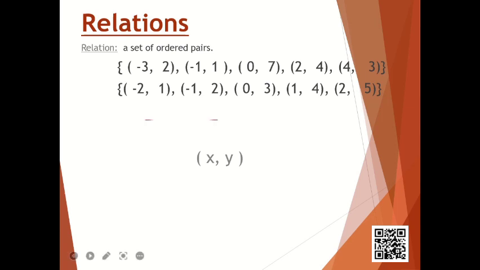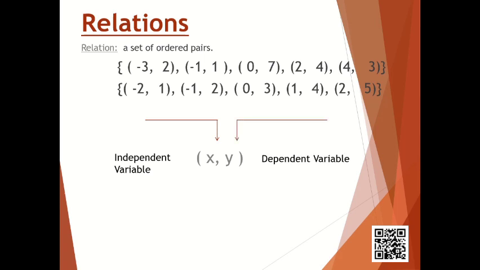Now let us describe what is x or y. So x is called the independent variable, while y, syempre, is the dependent. Bakit tinawag na dependent ang y variable? The value of y depends on the value of x. Kumbaga, kung napanood nyo o na-discuss na sa inyo ang linear function or any kinds of function, napapansin nyo karaniwan ang value ni y ay nakadepende sa value ni x.